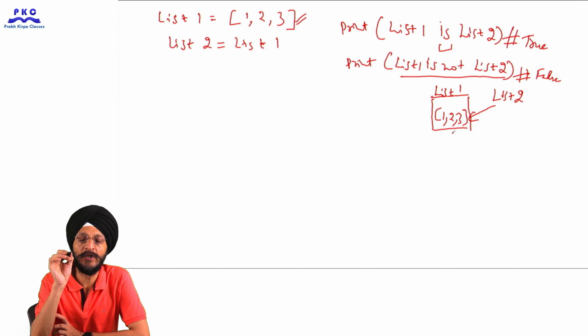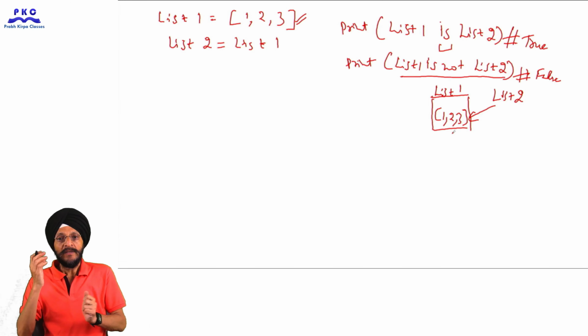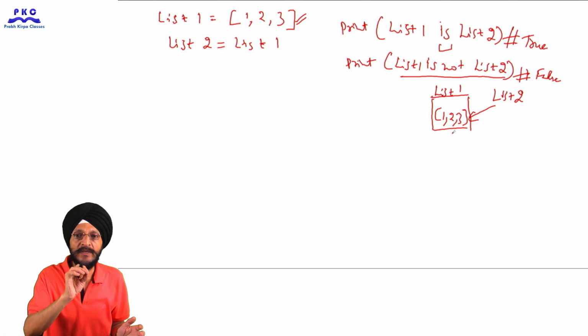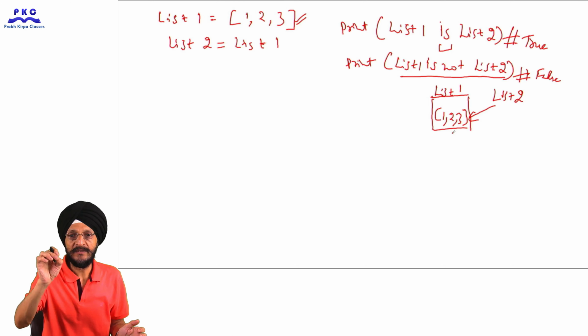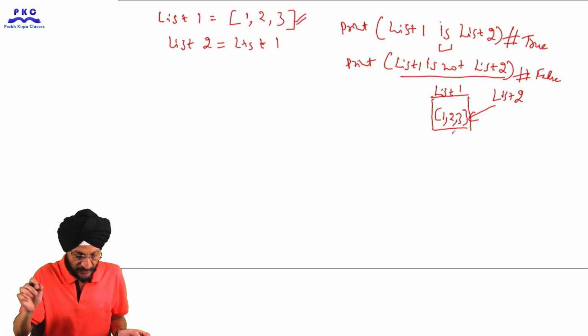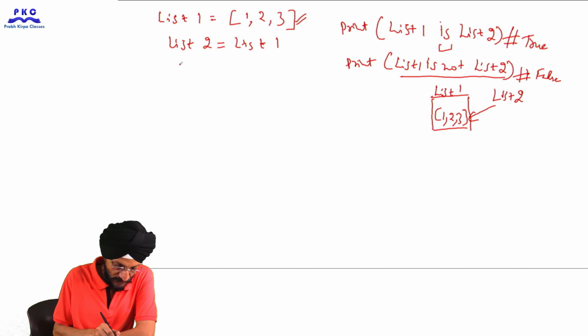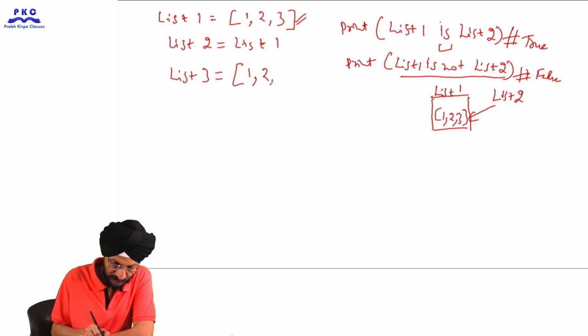As already told, we can get to know the memory location by using the print function, then id, and in between list 1 and list 2. Now we create another list 3 with the same information.